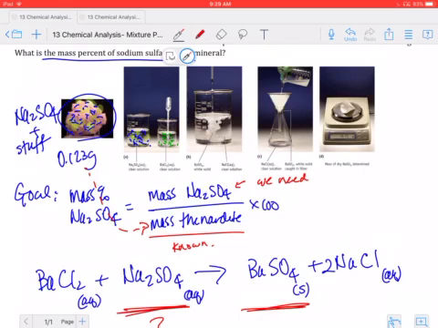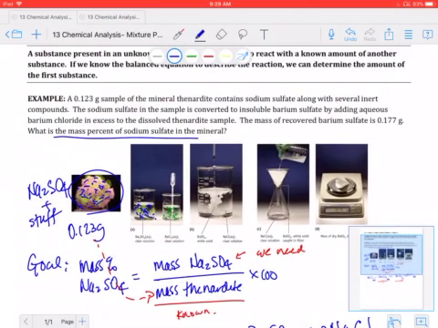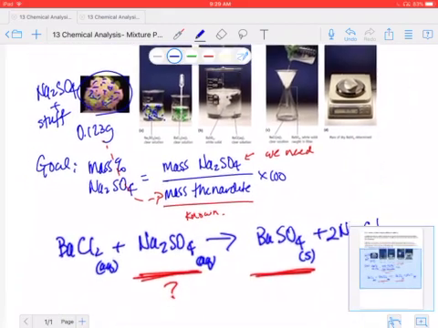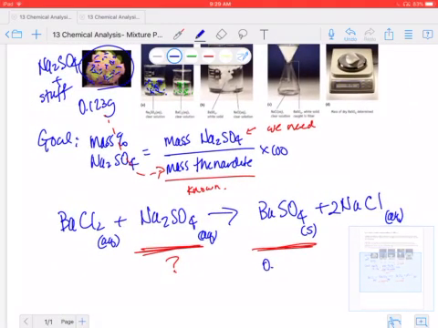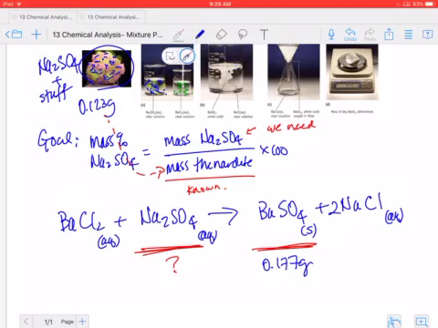And we can ultimately collect all of that barium sulfate, which means I have a mass of barium sulfate, which was given in our problem statement. So that's our 0.177 grams. So if we look at this equation, what we can see is that I have the mass of this. And if I look at this, all of the sulfate here had to come from the sodium sulfate that I started with.